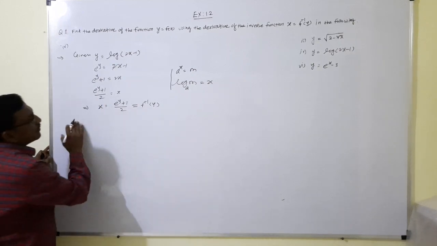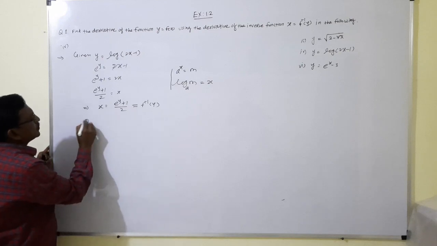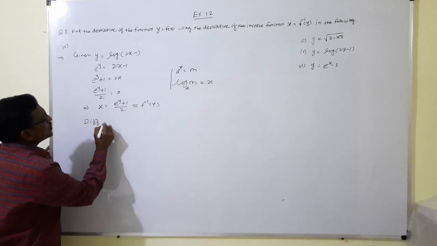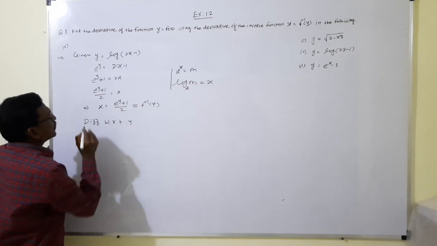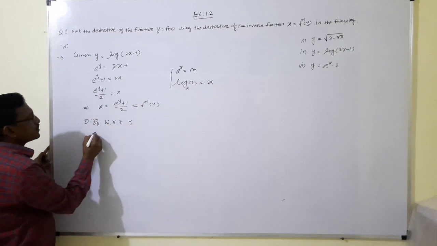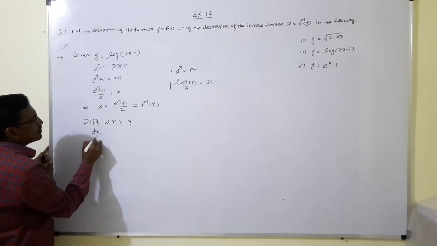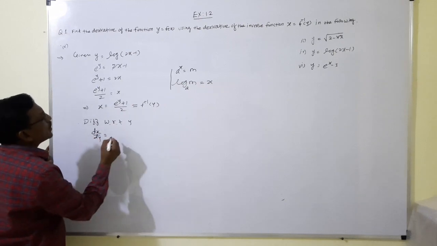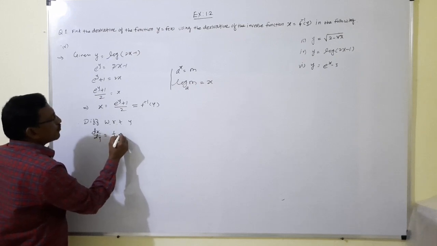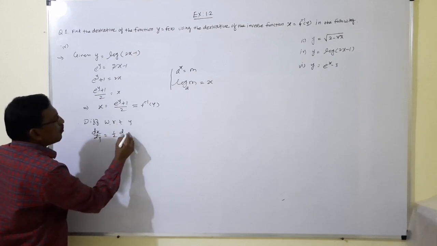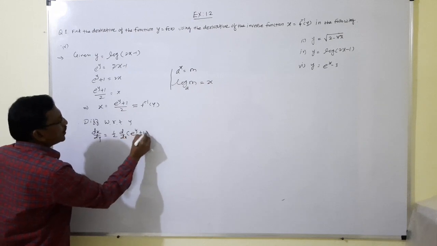Now we take its derivative. So differentiate with respect to y. So we get the rate of x with respect to y, dx by dy. Here 1 by 2 is a constant, take it before the derivative, and we take the derivative of e raised to y plus 1.